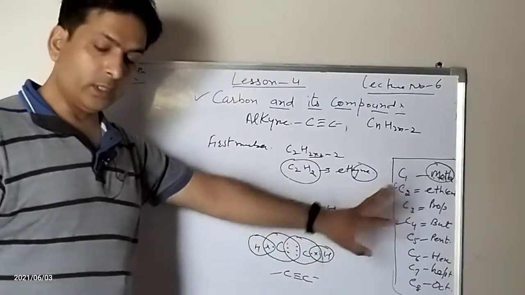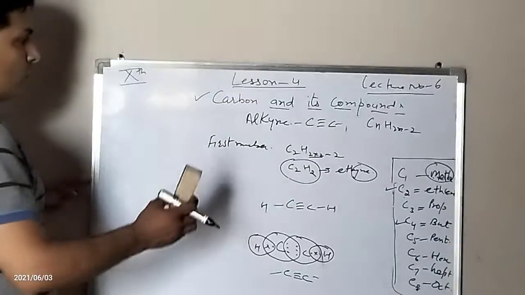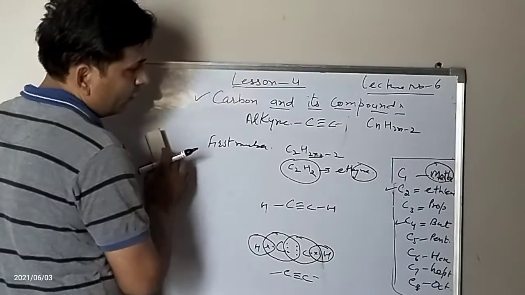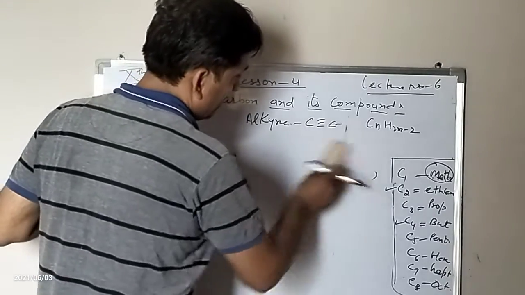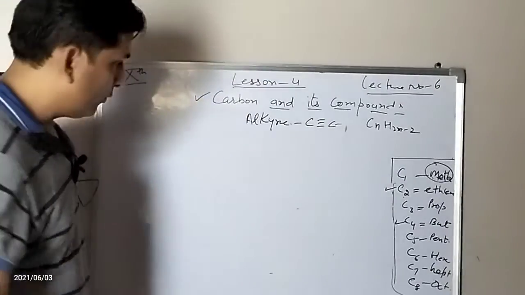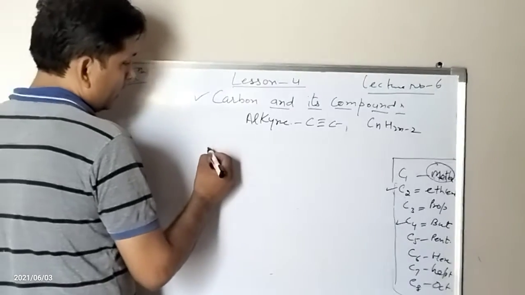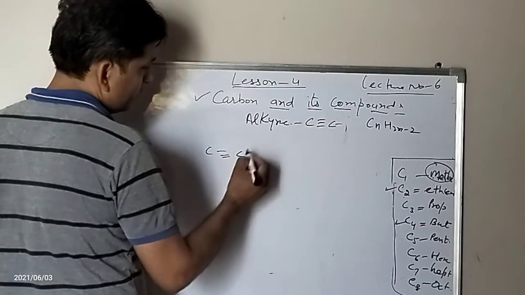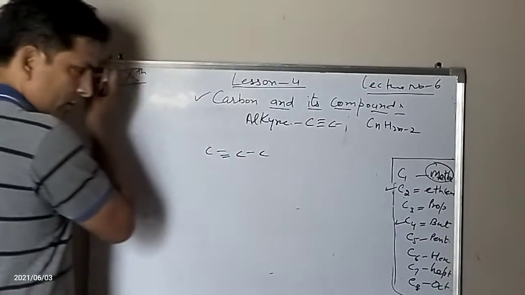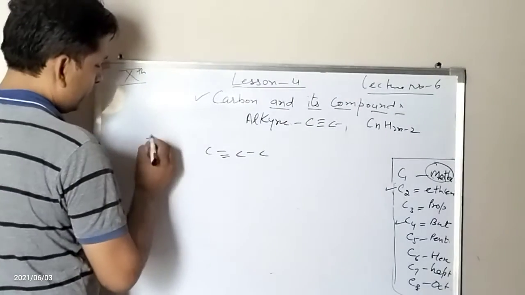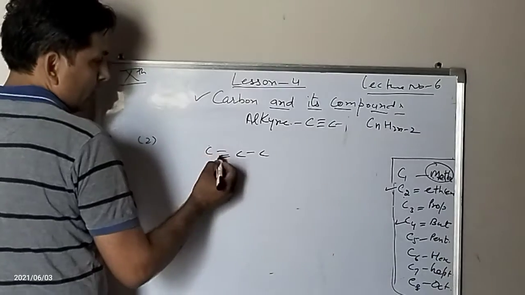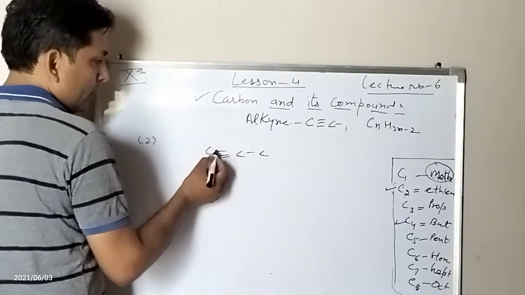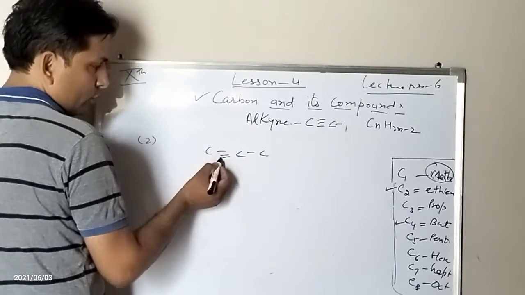Okay, got it? Now write the formula of some other alkynes and try to name them. Suppose this is the second alkyne. How many bonds are there? 3.